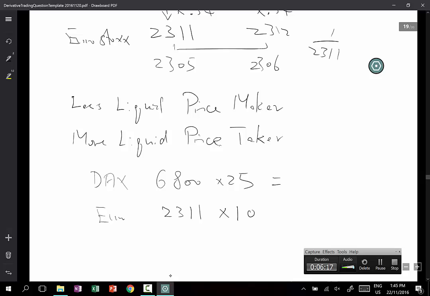So if you do a rough calculation, 6,800 times 25 is equal to 170,000, whereas the Euro Stoxx is going to be 23,110. So that is why for every one contract you trade here, you need to trade 7 contracts. So maybe you long one and then you short 7 here.